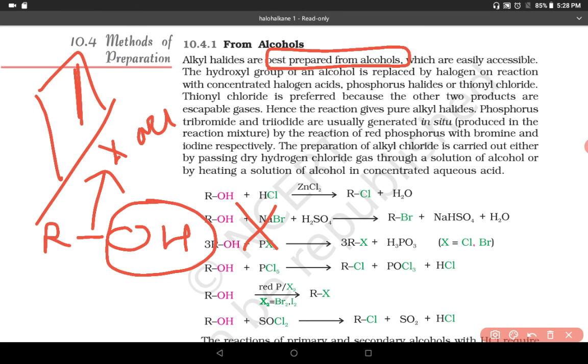Phosphorus tribromide and triiodide are usually generated in situ, produced in the reaction mixture by the reaction of red phosphorus with bromine and iodine respectively. We can learn about this in the next chapter. Okay, next part.